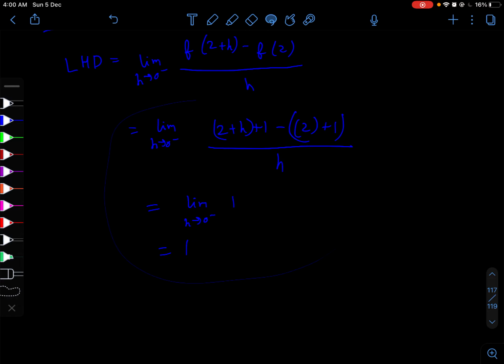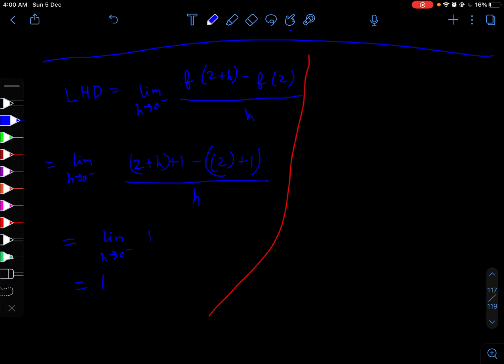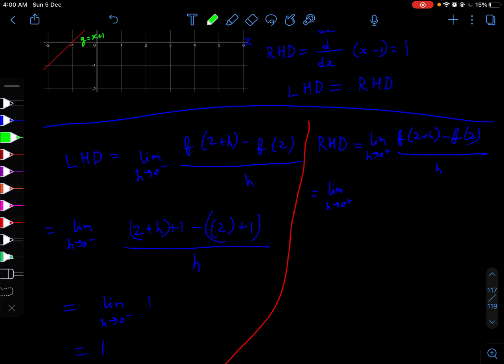Now to find the right hand limit, we have to find the right hand limit. So that's the limit as h tends to 0 plus of f of 2 plus h minus f of 2 whole thing divided by h. So here, because we're having h tends to 0 plus, it's like we're approaching 0 from the positive side.